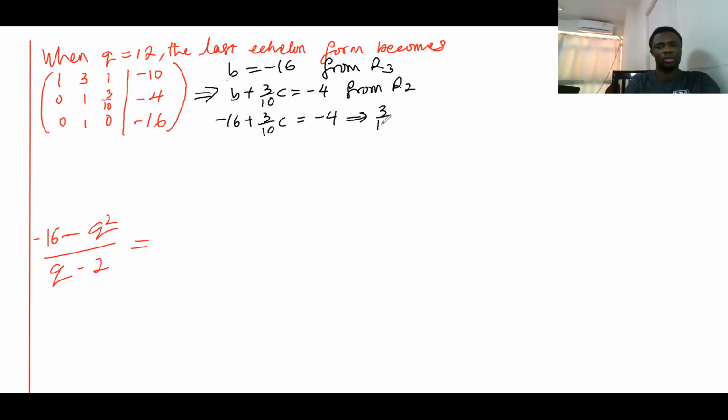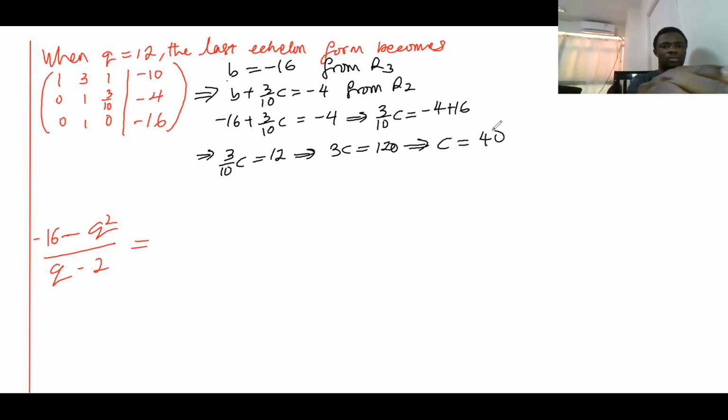So 3 over 10 C is negative 4 plus 16. That implies 3 over 10 C is 12. So 3C equals 120. C equals 40. Yes or no, please?